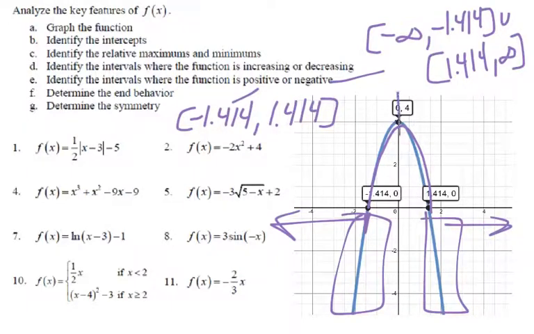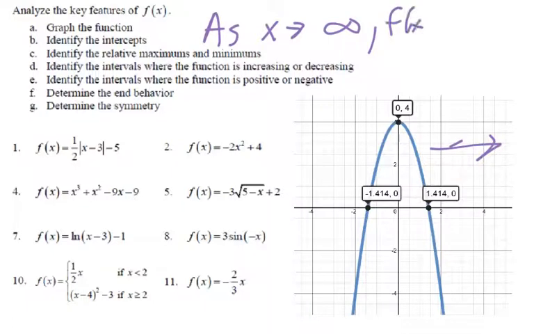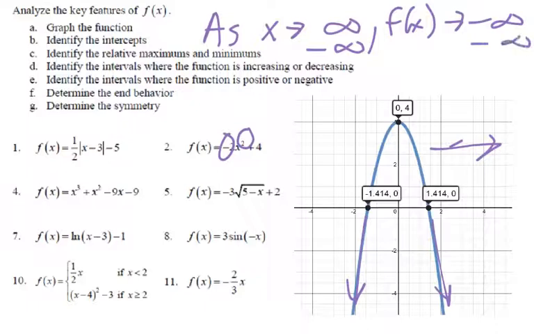Is it symmetrical? Yeah, over the y-axis. End behavior? As x approaches +infinity, to the right, f of x is going down, right? It's a negative quadratic, so we know that they're both going down. So as x approaches -infinity, it's also going down.